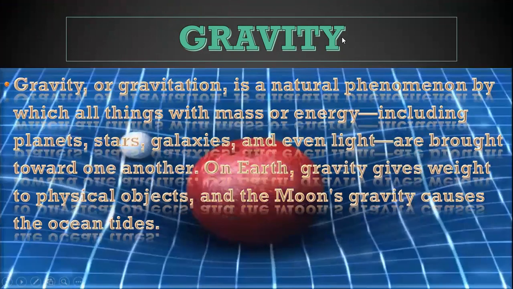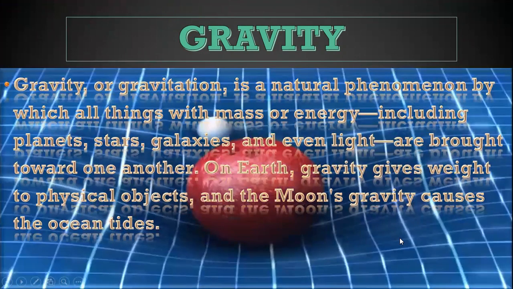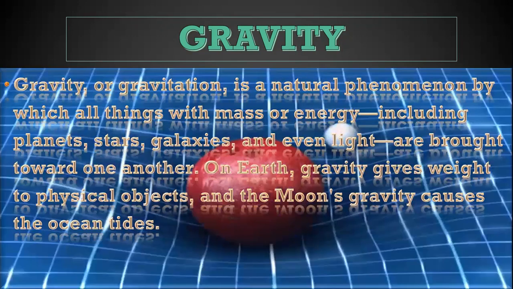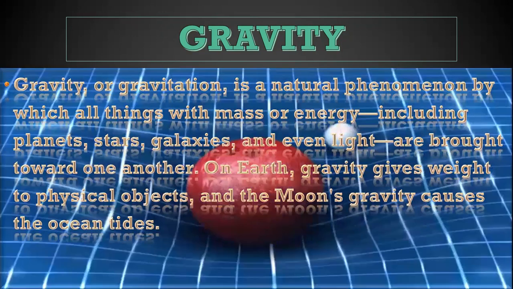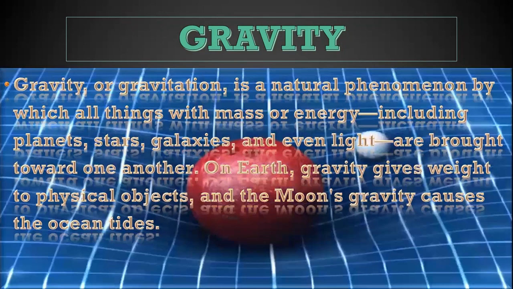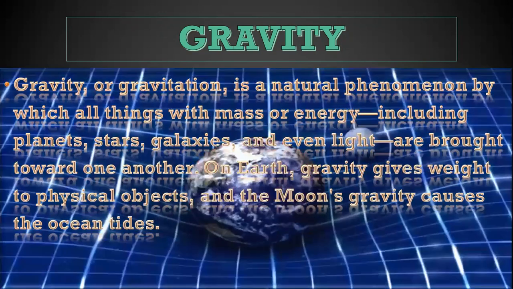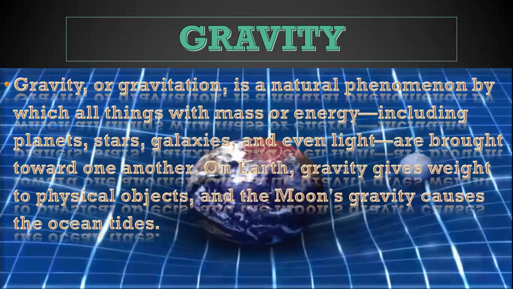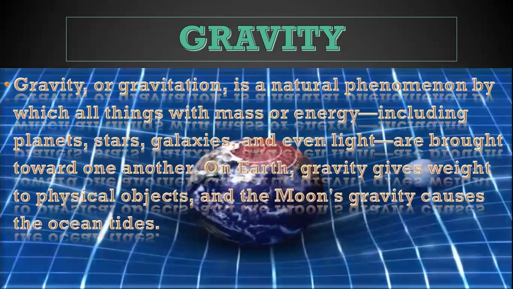Our next topic is about gravity. Students, before discussing this, I want to tell you about gravity. One day in 1665, a scientist called Sir Isaac Newton, all of you know about this scientist, was sitting under an apple tree when an apple fell onto the ground. Why did it fall? Newton thought about how the apple came to the ground.